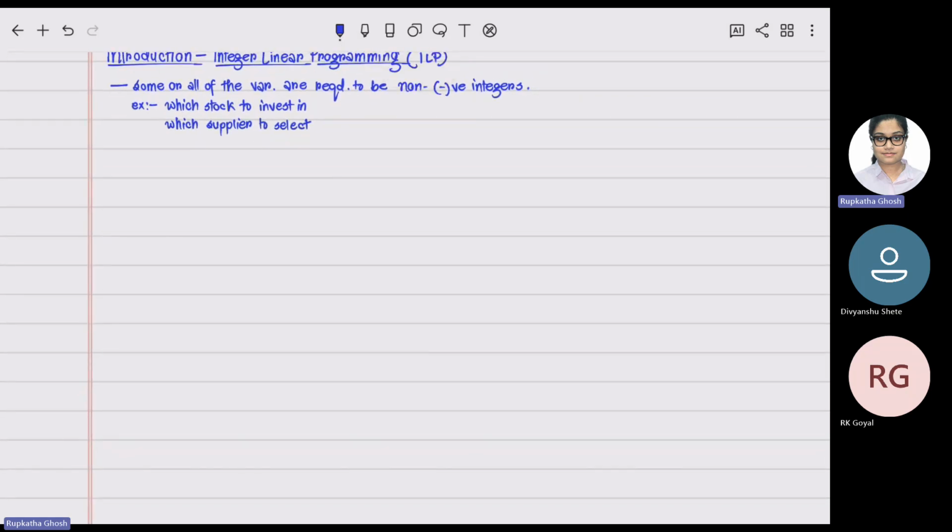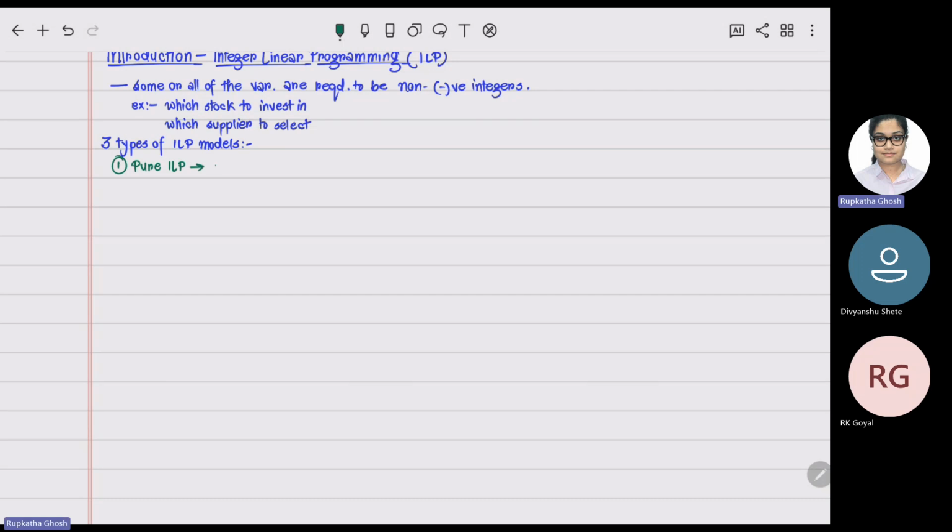Now there are three types of ILP models. The first one we call pure ILP. So what is pure ILP?